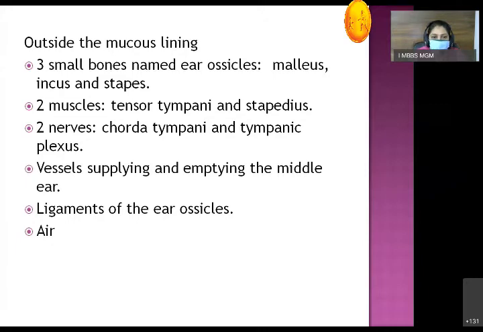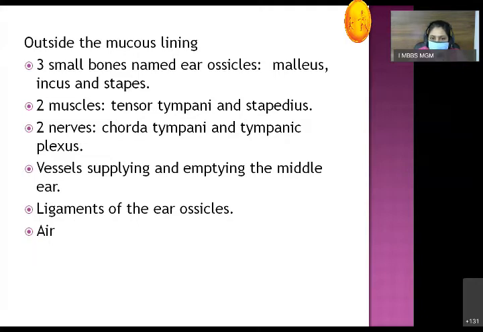There are two muscles, that is tensor tympani and stapedius. Two nerves, that is chorda tympani and tympanic plexus, which is formed by many nerves.